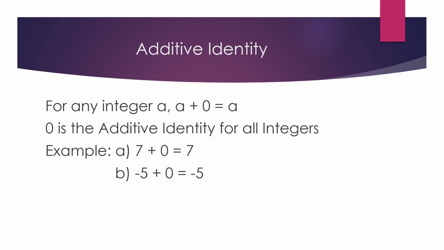Now the question is, why 0 is an additive identity? Why any other number cannot be an additive identity? It is because when we add 0 to any integer, it does not change its value. It remains the same. So therefore, 0 is the additive identity for all integers.